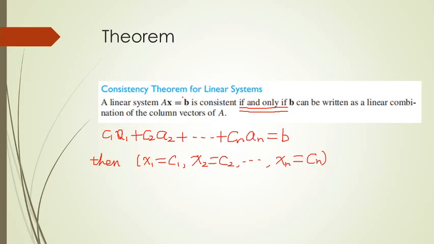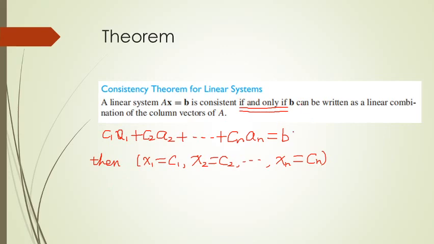If the system is consistent, which means the solution exists, then the column vector B can be written as a linear combination. If we can write if and only if, that means both can be the conditions, right?